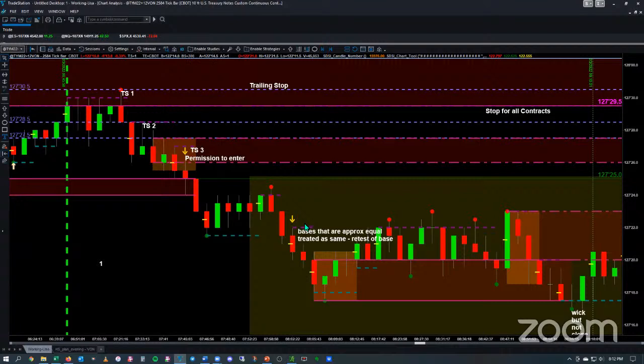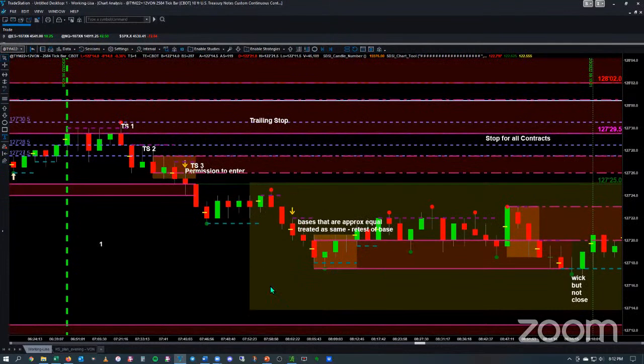And if you look at the original base right here, let me take my snap off. All that becomes noise. This whole yellow box really is noise.